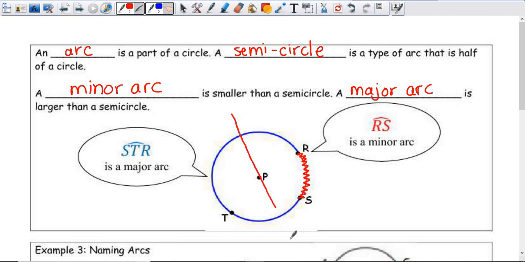If I just draw a line through this circle, this would be a semicircle. So RS is smaller than it, so it's a minor arc, whereas from S through T all the way to R, all of this is a major arc because it is bigger than half the circle.